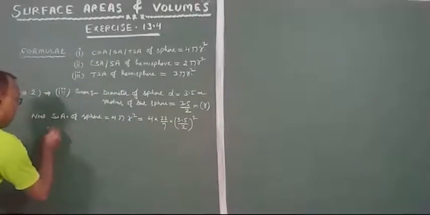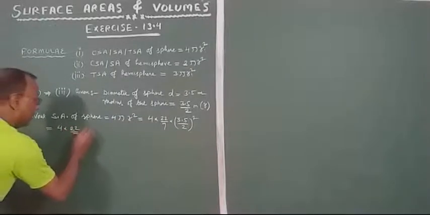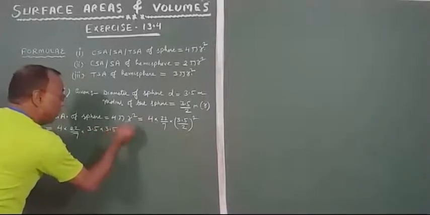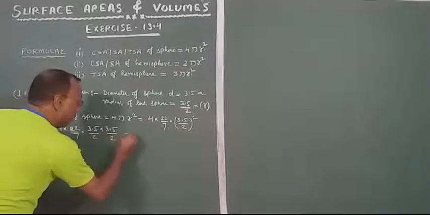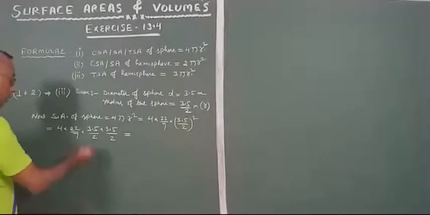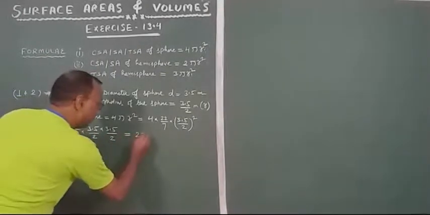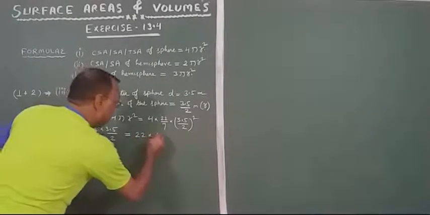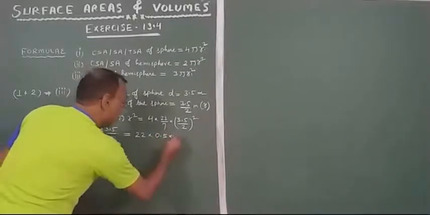Now just solve it. You will get 4 into 22 upon 7 into 3.5 into 3.5, over 2 and 2. This 4 will be cancelled. This will become 22 into 7 into 0.5 into 3.5.